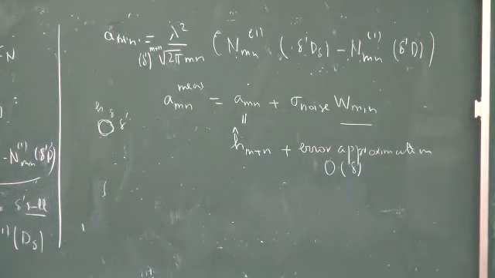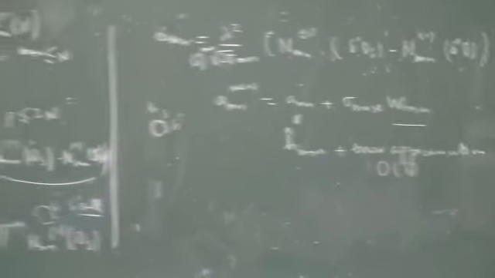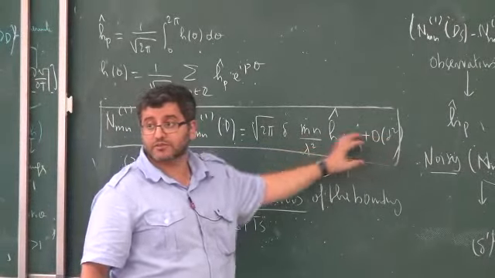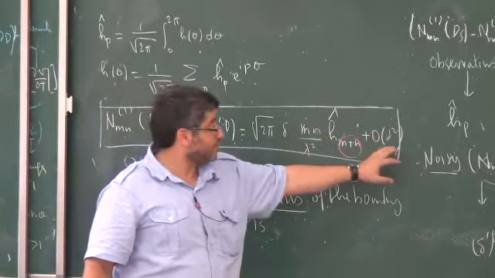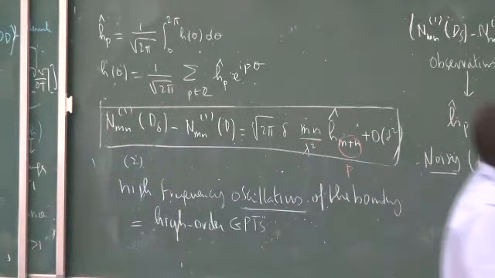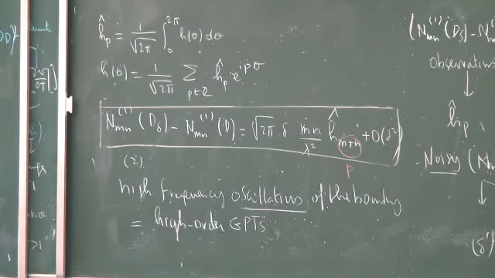I divide by this, by delta, so I get O of delta. First term is O of 1, second term is O of delta. And this O of delta, I will assume that this is measurement noise. Like this morning, measurement noise dominates approximation noise. So I will get rid of this.